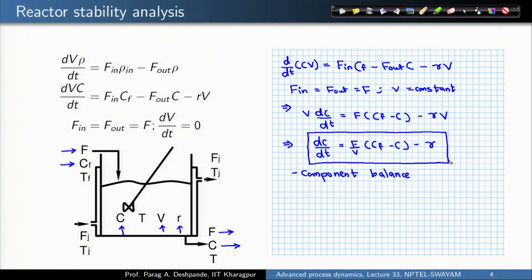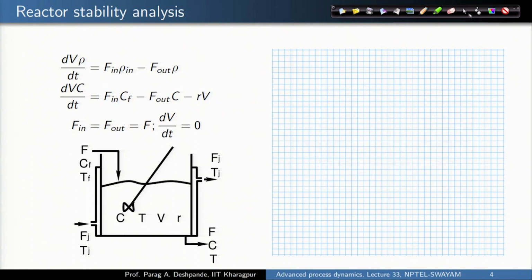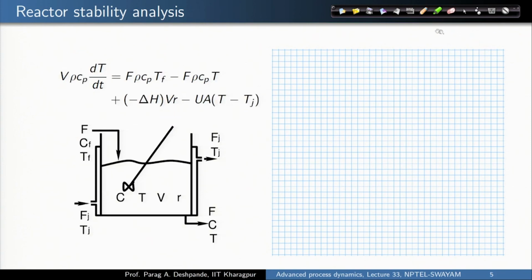The second dynamical equation involved temperature, and to have an idea about temperature, we need to do energy balance. So, let us look into the energy balance. Now I have a system in which I have a possible variation of temperature, and heat exchange is allowed, it is a diabatic process.